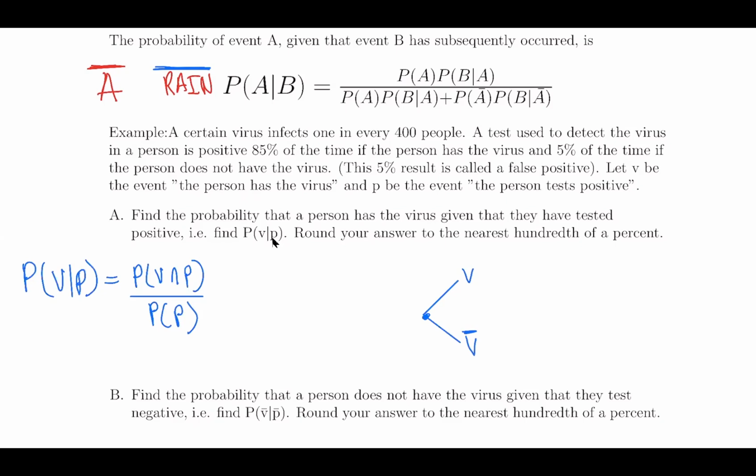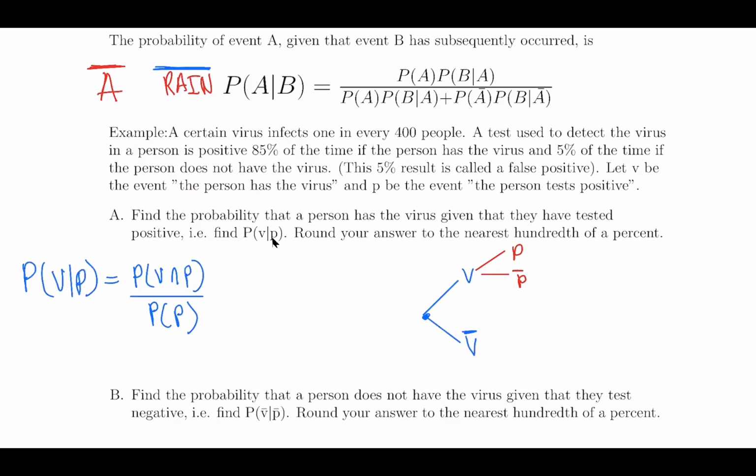Alrighty. Up next, you first get the virus or you don't have the virus, and then you get tested. Once you get tested, what are the 2 options you could get? You test positive or negative, but in this case we're not going to say negative. We're going to say P, and we're going to say P bar, because P bar is the complement.